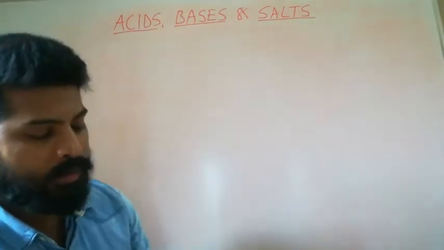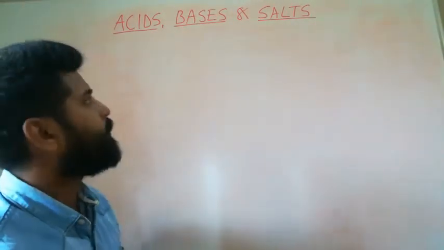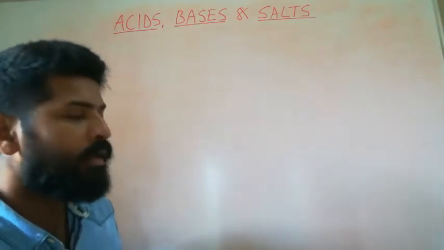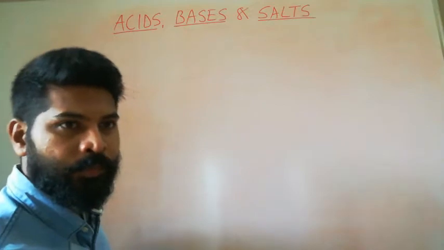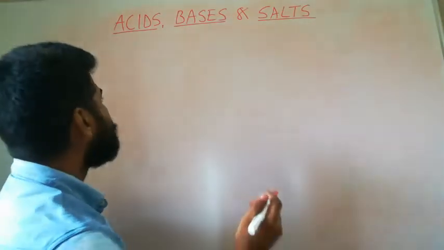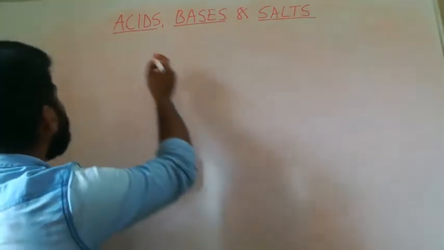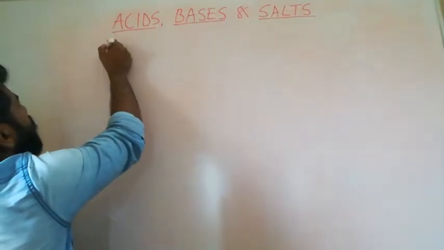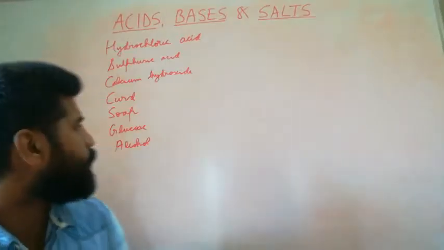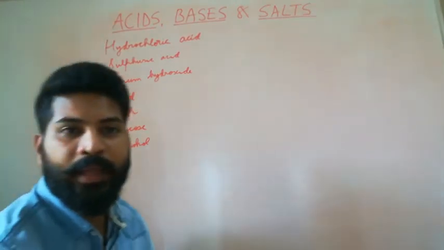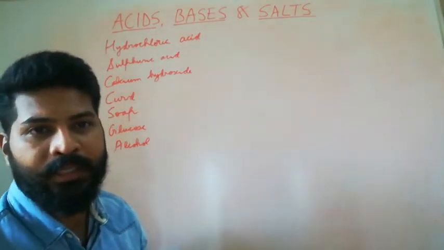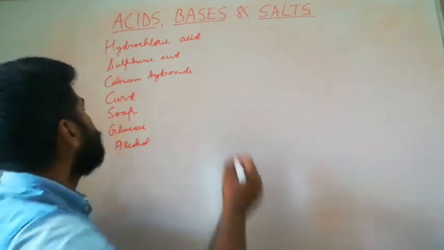Acids and bases. Now let me write a couple of substances known to you and let us discuss which of these are acids and which of these are bases. So certain substances are written, of course, just by looking at the name you can say which are acids.